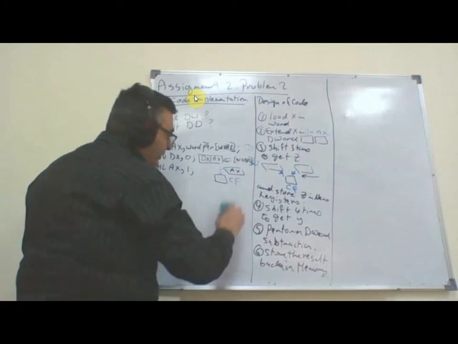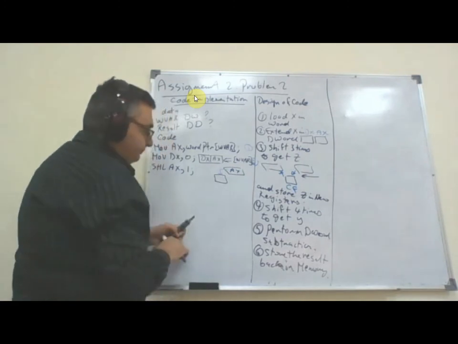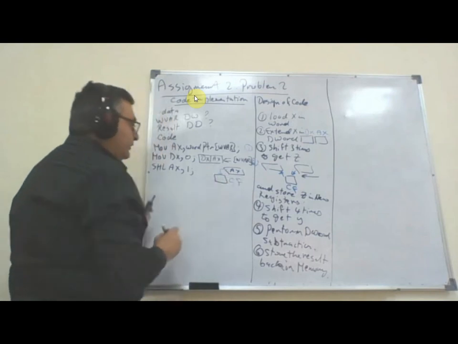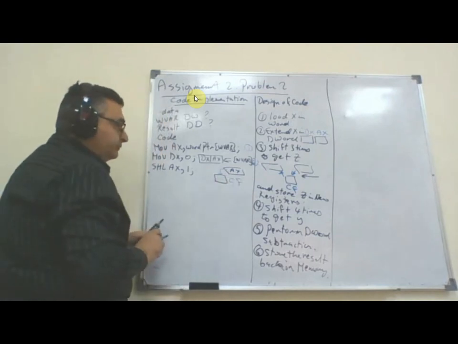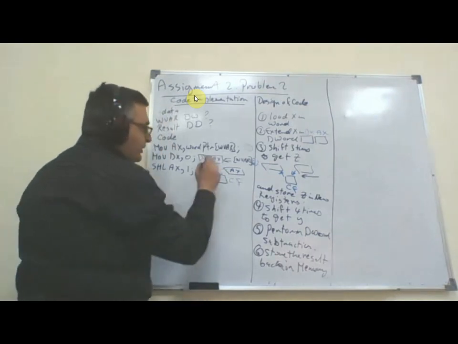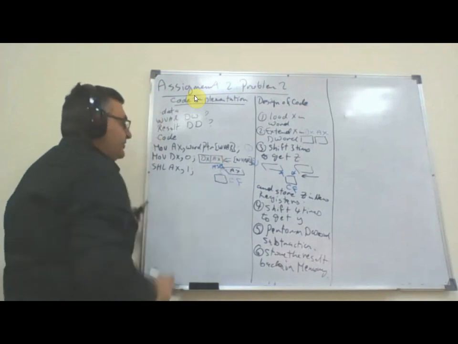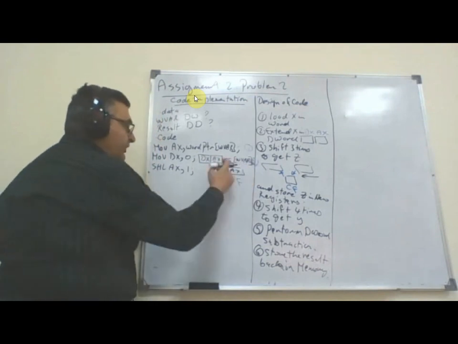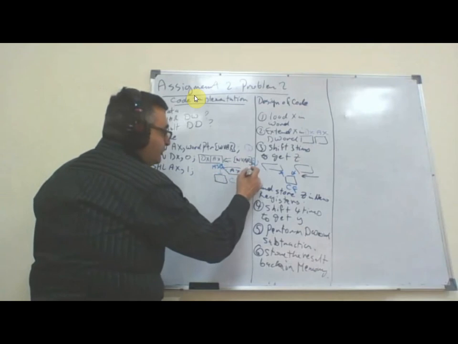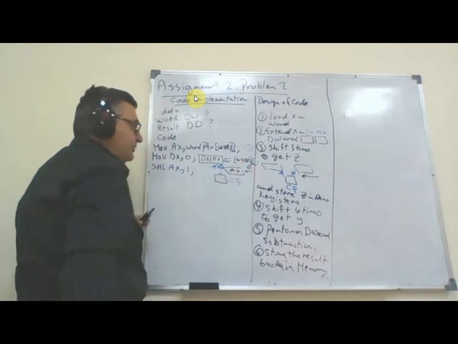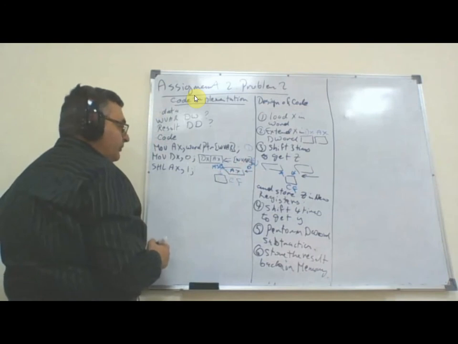Into the carry flag automatically. And automatically it will insert a 0 from the right into AX. So it is shifting AX by 1 bit.